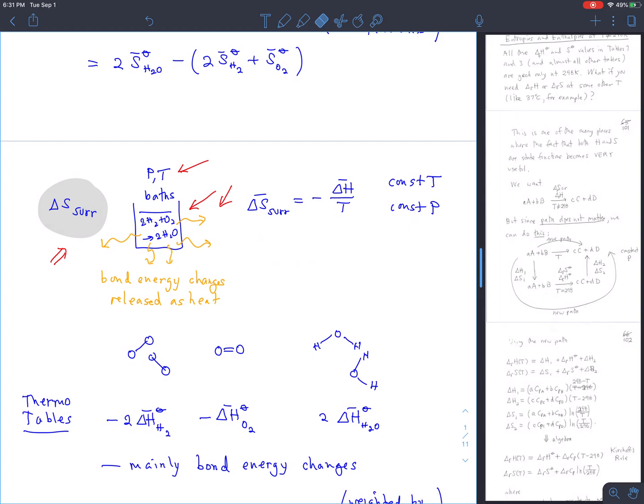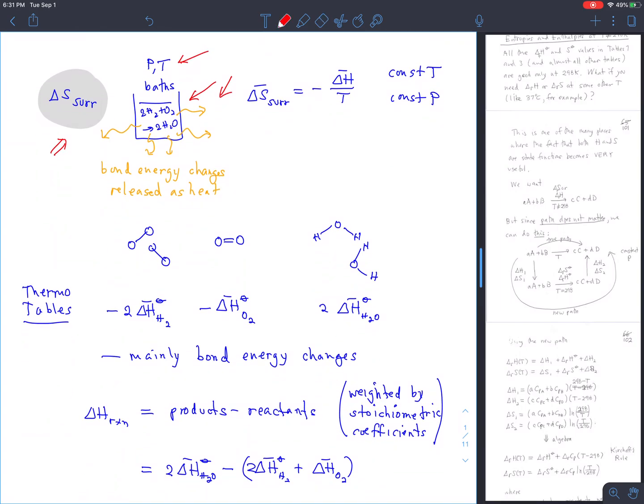That means that when the reaction takes place, what we want to look at is how much heat is released, and the heat released is mainly going to be bond energy changes. Now, it isn't exclusively that. There are some other small contributions, but mostly it's bond energy, which means that we're going to look at how much energy it takes to break the 2 hydrogen-hydrogen bonds, how much energy it takes to break the oxygen-oxygen bond. Both of those are energies we have to put in, right?